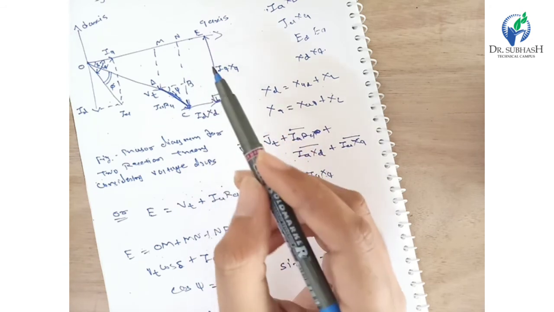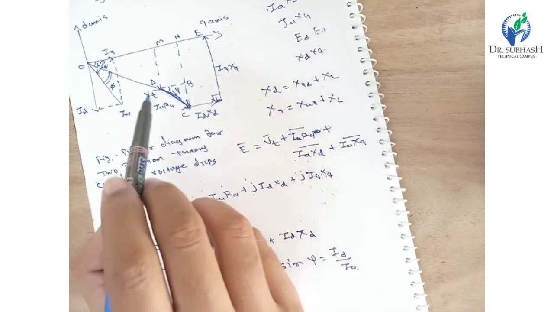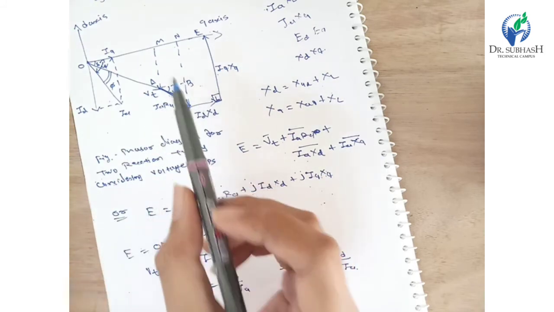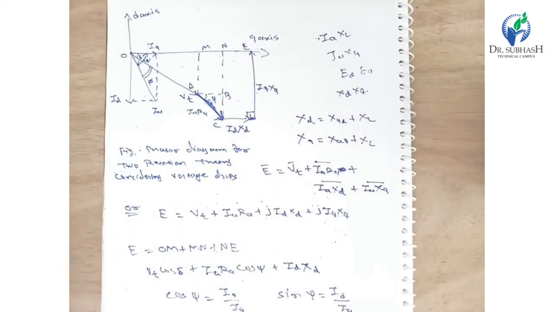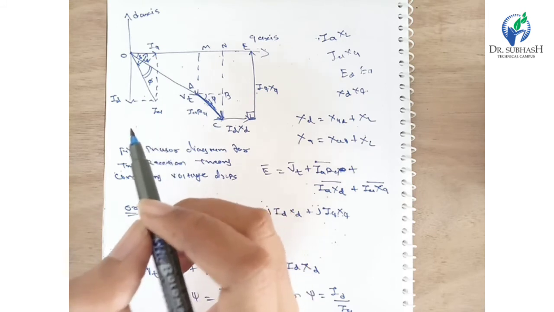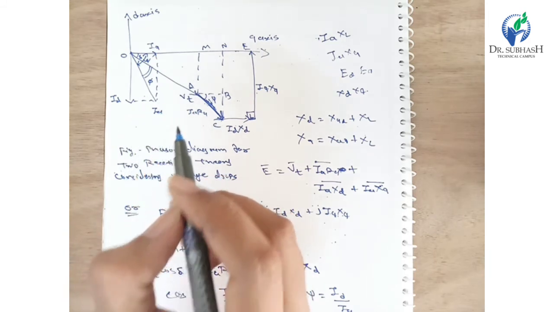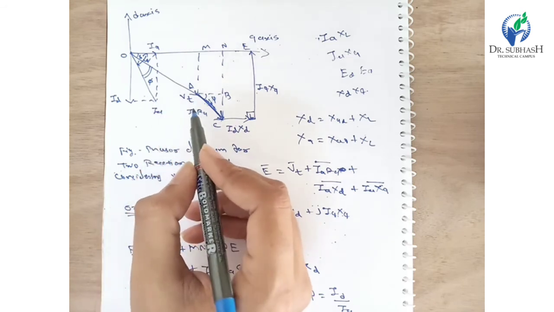Now all the voltage drops are to be added to the terminal voltage, that is represented by Vt. The armature current and armature resistance drop is a resistive form. So it is added at the tip of the terminal voltage.